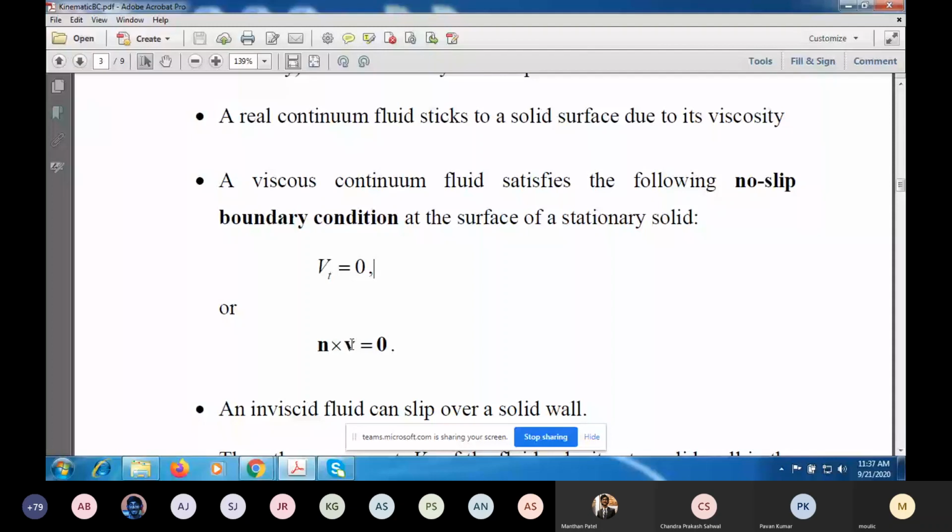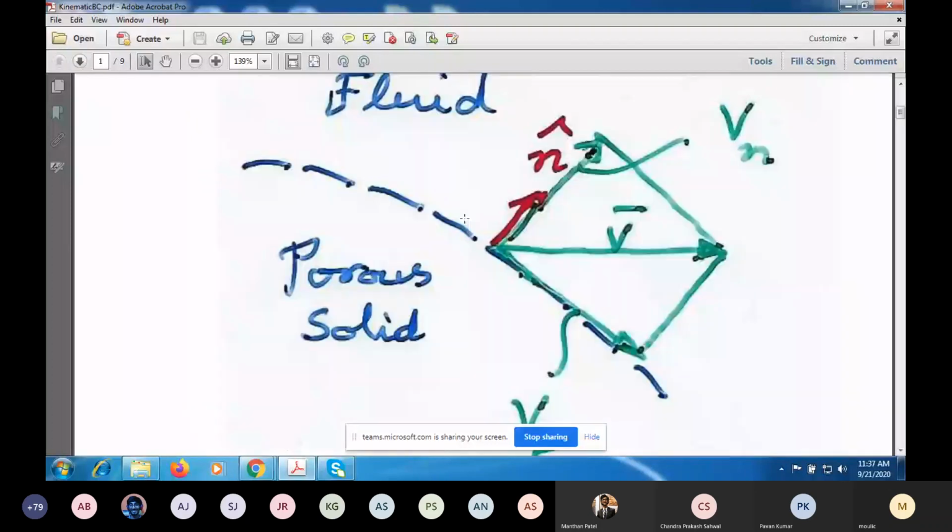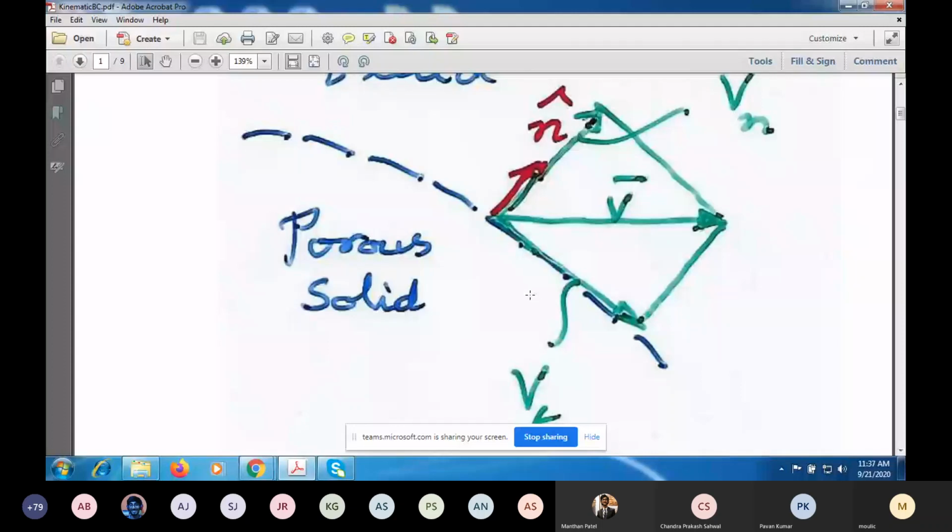Now, of course, for simplicity here, I've just shown a two-dimensional case. But in a three-dimensional flow, you will have two tangent directions. You can have a tangent plane, and if you want to describe a vector in the tangent plane, you will need two basis vectors. So you have to have two tangent vectors in the tangent plane and one normal vector.